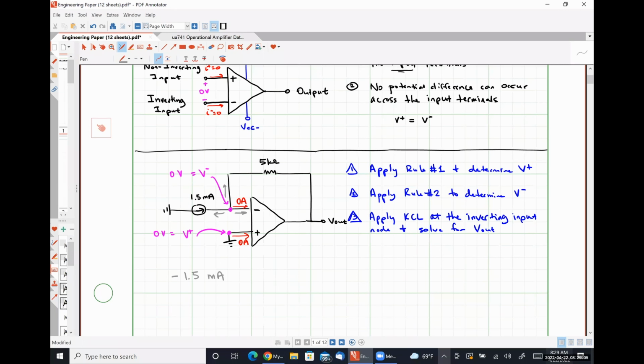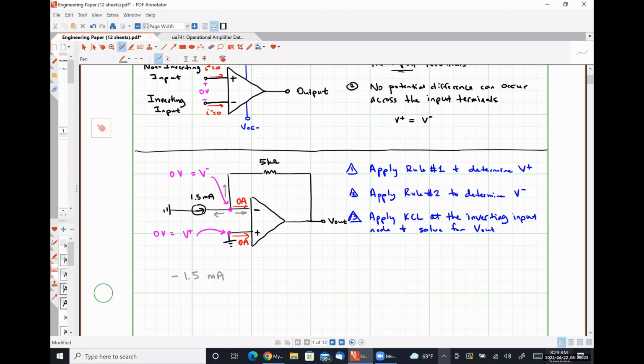Nathaniel, you suggested, I believe, that it should be V out over 5 kilo ohms. I disagree slightly. The reason I say that is because the current is flowing into the left-hand side of the 5 kilo ohm resistor to the right-hand side.